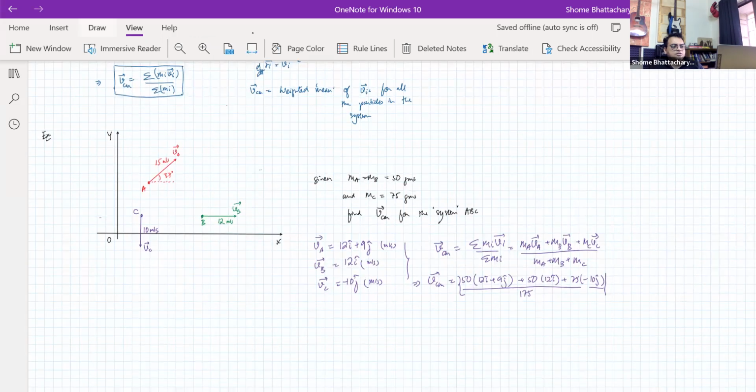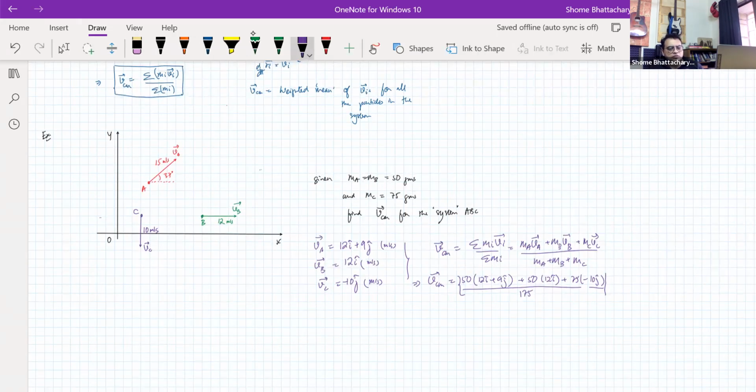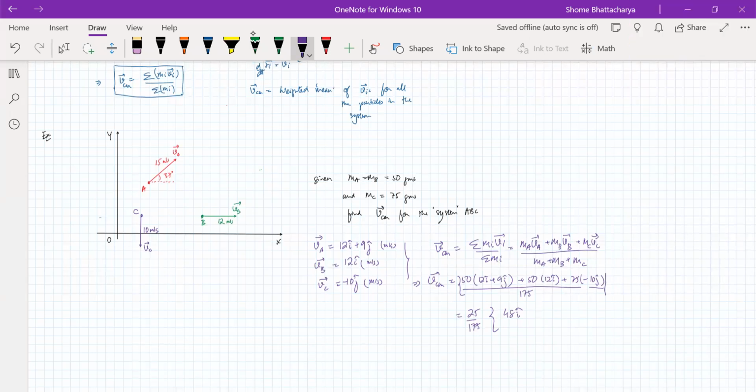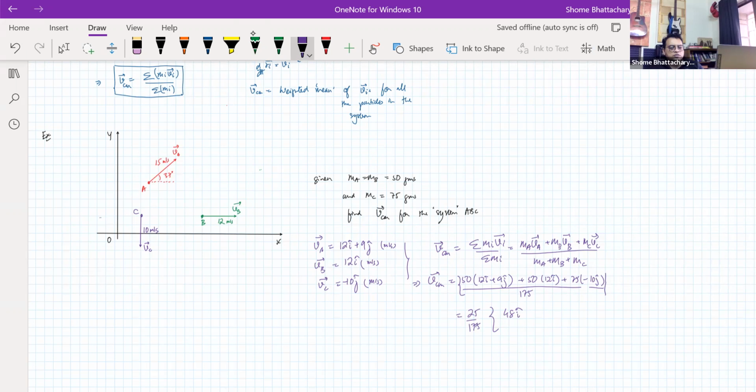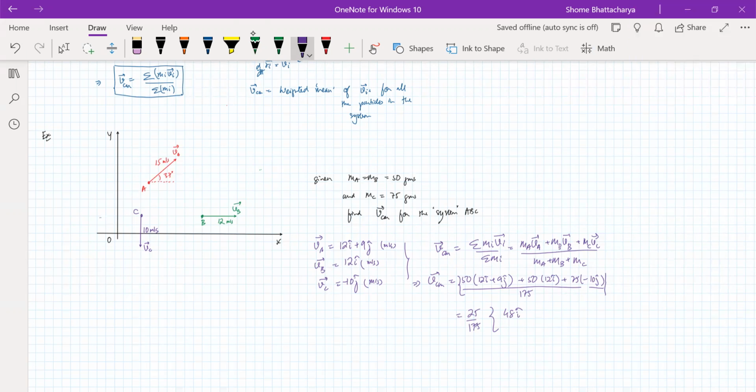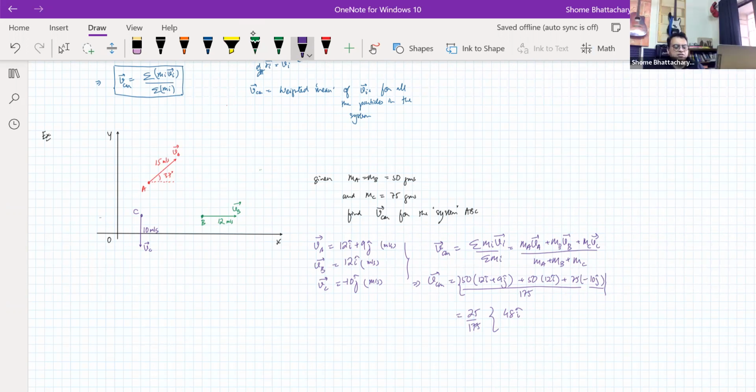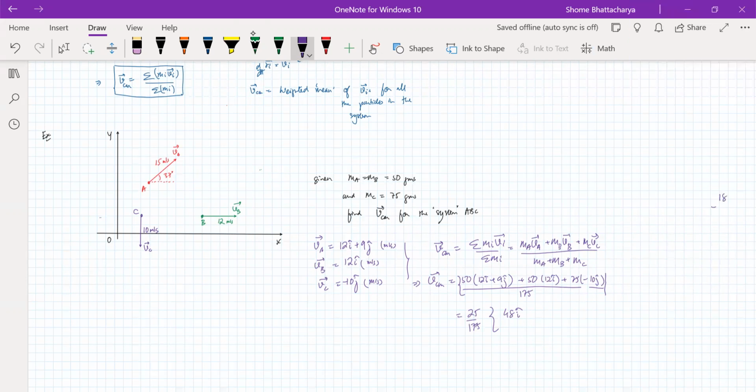Just to make the calculation simpler, we can take 25 common. So we have 48 i cap, and we have 30 minus 12... so minus 12, correct?